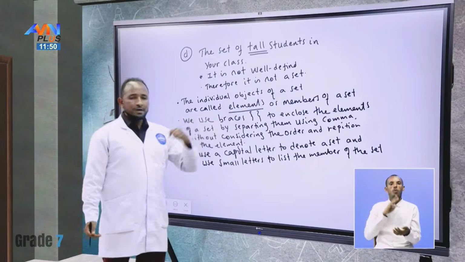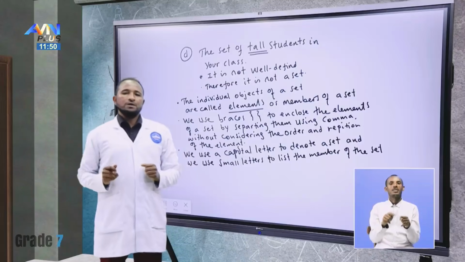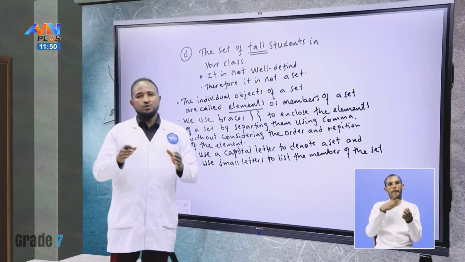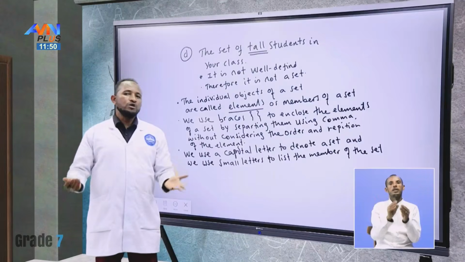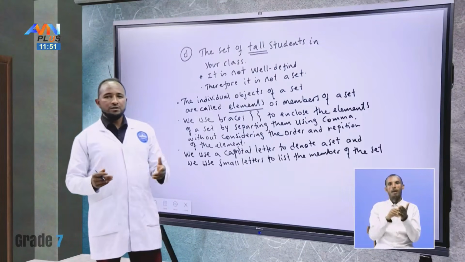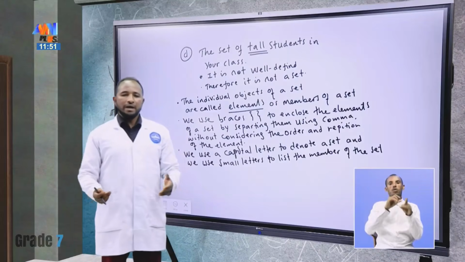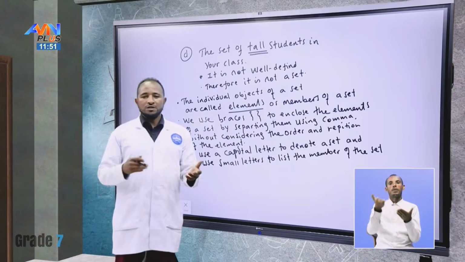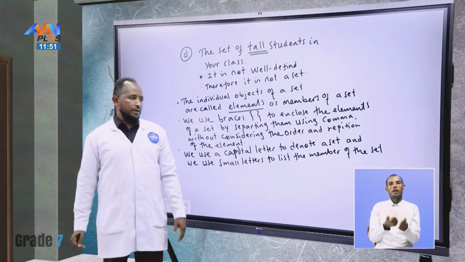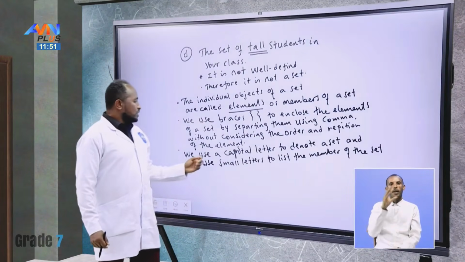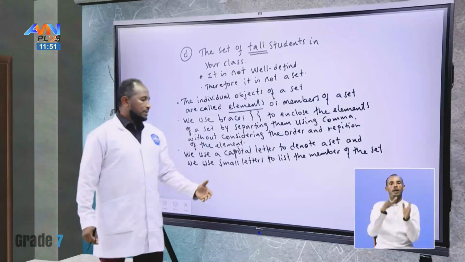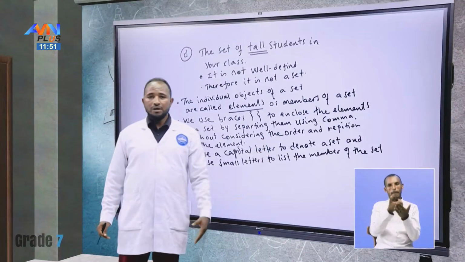We use braces to enclose the members of the set by separating them using commas and without repeating the elements, because repeating an element does not add more elements, and we do not consider the order. We use a capital letter to denote a set, and the members are written in small letters.